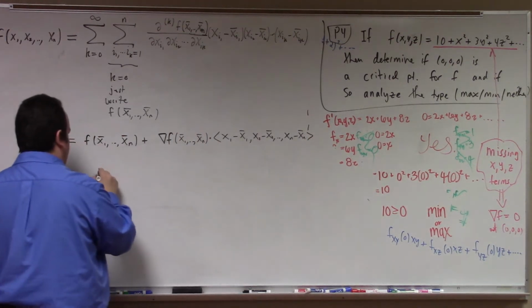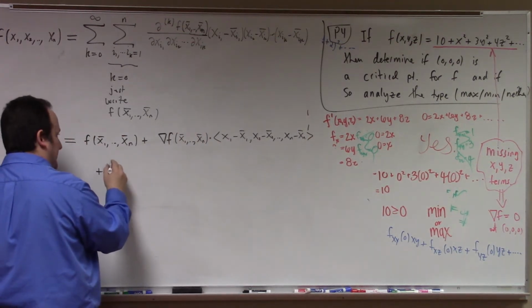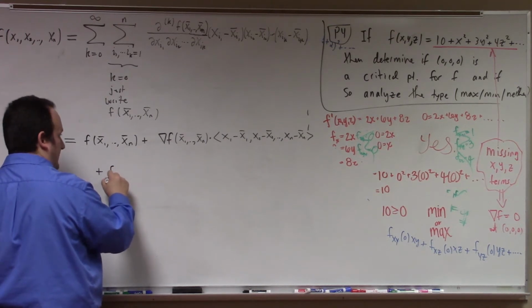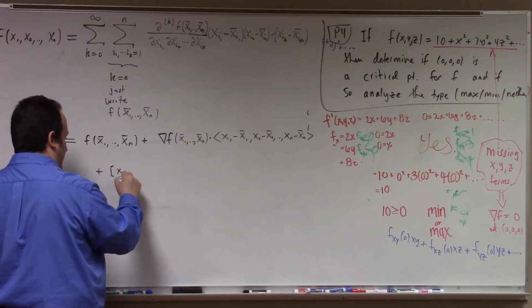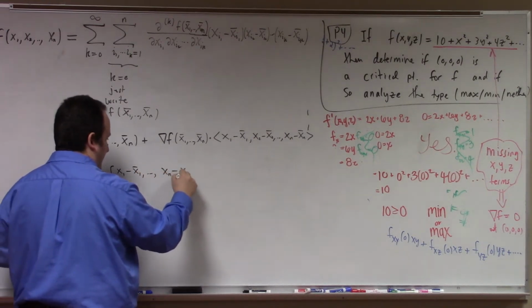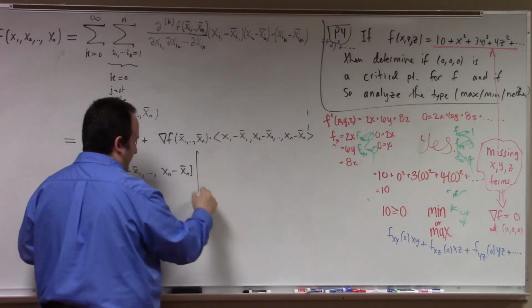And then the second order piece, we can write a little bit nicer. What it really looks like is the vector x1 minus x bar 1, through xn minus x bar n, times this matrix.